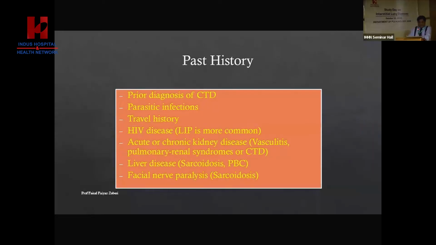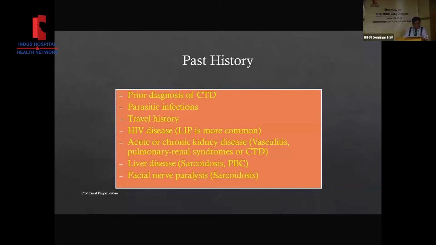In the past history, one has to focus mainly on whether there is any history of prior connective tissue disorders. Generally, connective tissue disorders with articular symptoms precede the pulmonary manifestations. But in few cases, the pulmonary disease is the initial presentation and the connective tissue disorder comes later on. But that is not common. For parasitic infections, one has to dig into the travel history. With HIV, LIP is more common, for example.